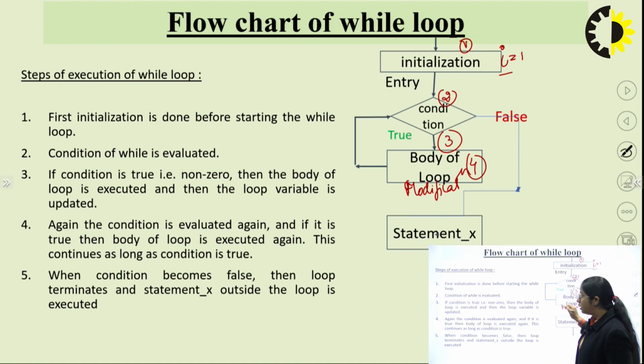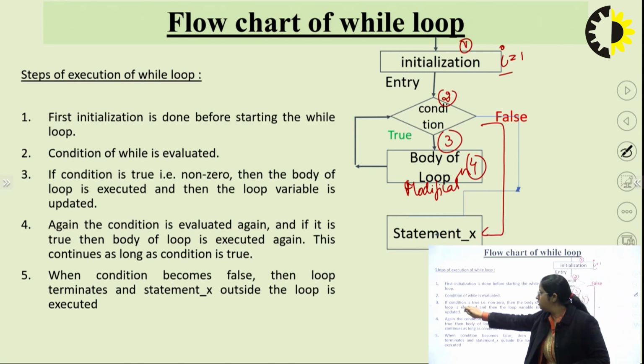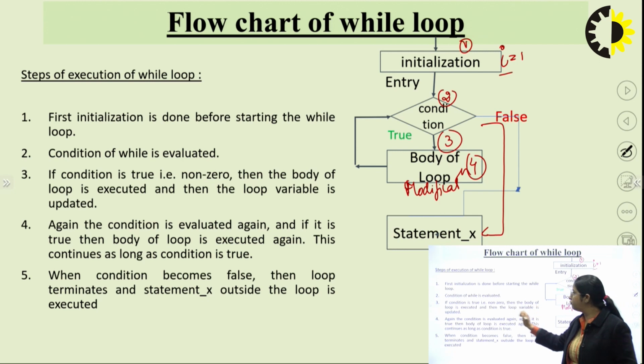When the condition is false, it comes out of the loop. If the condition is true, non-zero, then the body of the loop is executed, and then the variable is updated. Which variable is updated? This counter variable is updated.